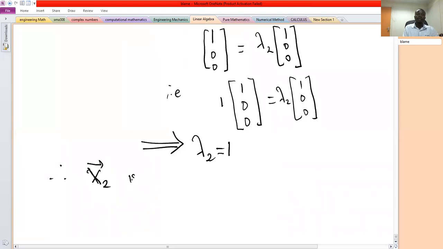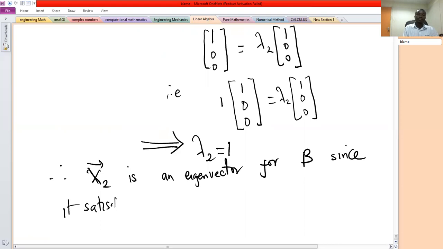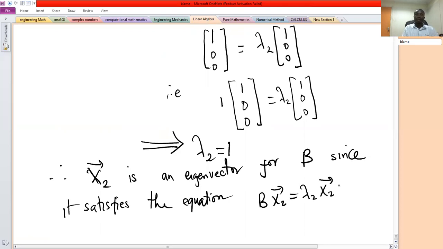So therefore, x2 is an eigenvector for B, since it satisfies the equation Bx2 equals lambda 2 x2 with lambda 2 being 1.